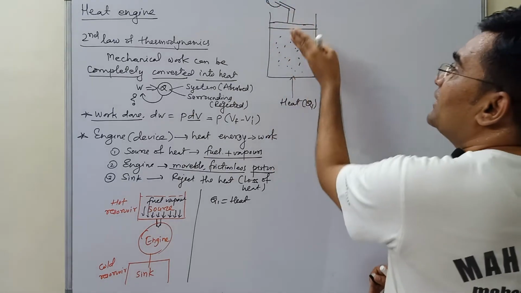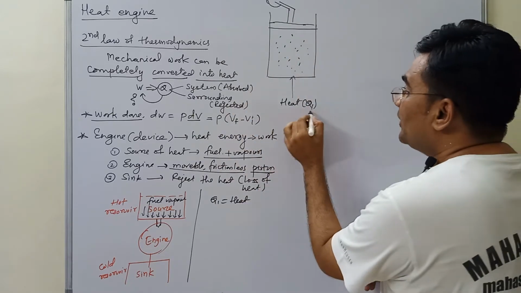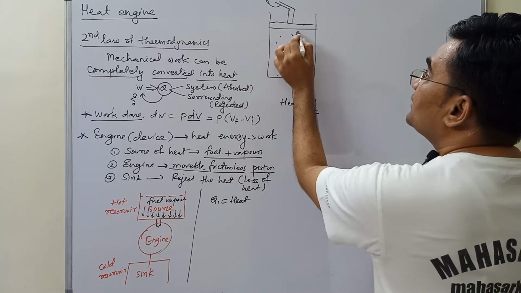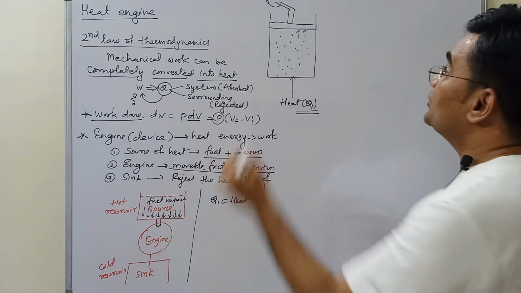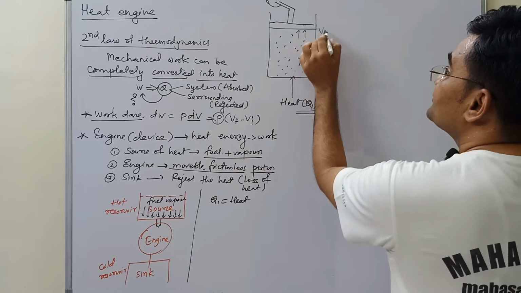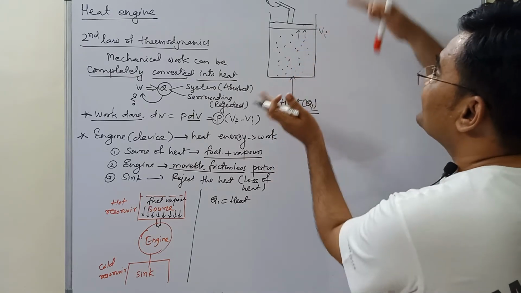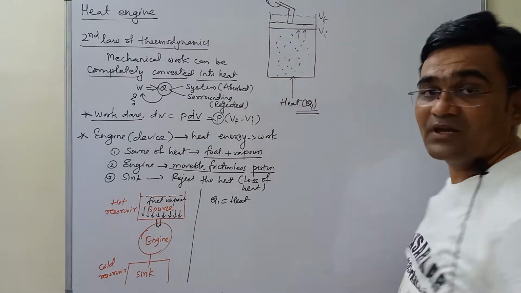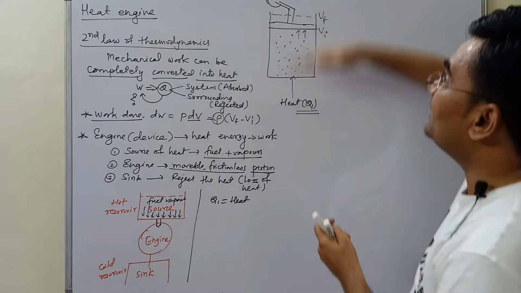Suppose आता हा असा move झाला, then it will rotate the wheel of the vehicle like that. So if you provide the heat, then the pressure on this piston will be increased. Okay. So if this is the initial position of the piston, Vi, because of pressure it will expand. The system will expand and will suppose reach here, Vf. System is expanded. Because of that expansion in the system, piston will move up.